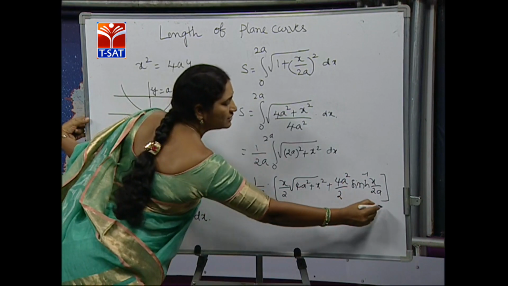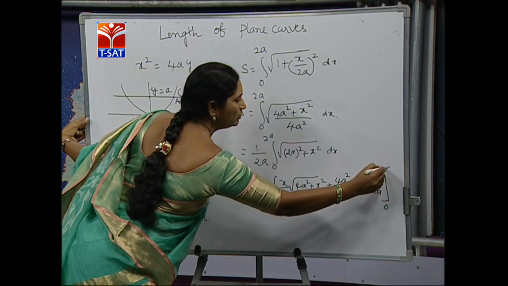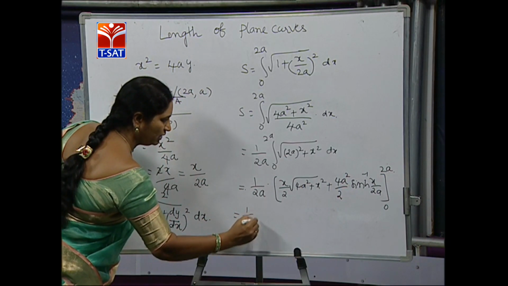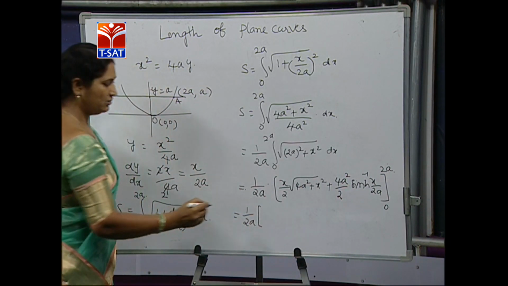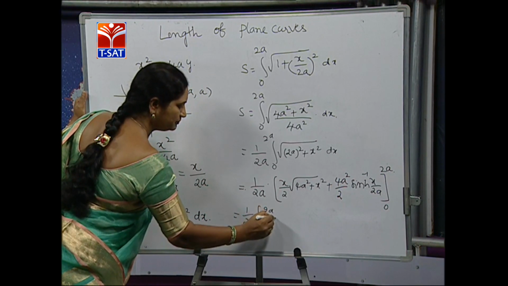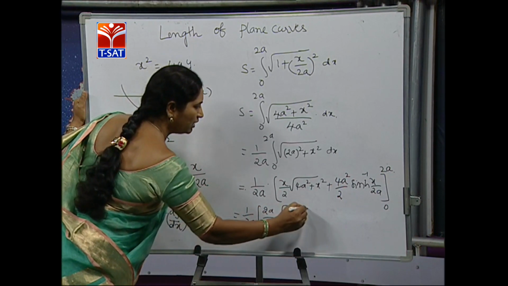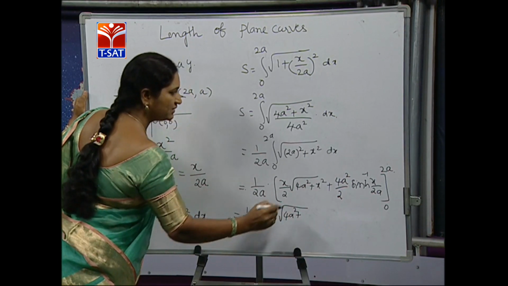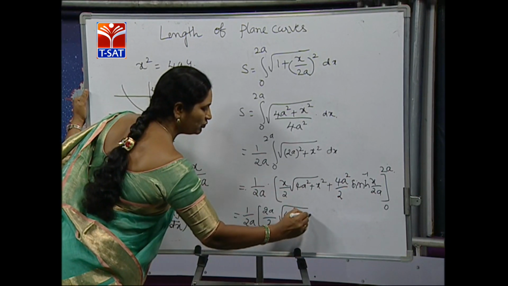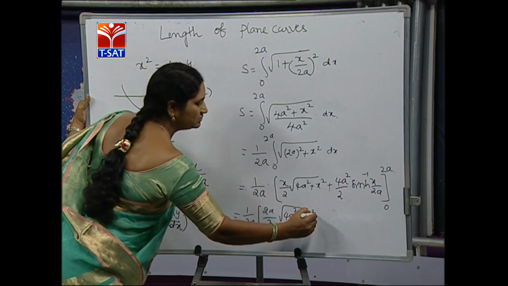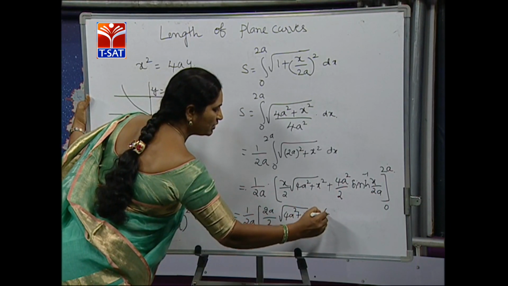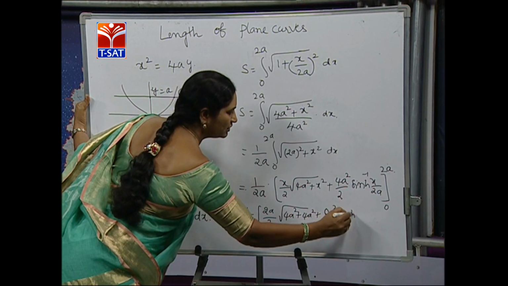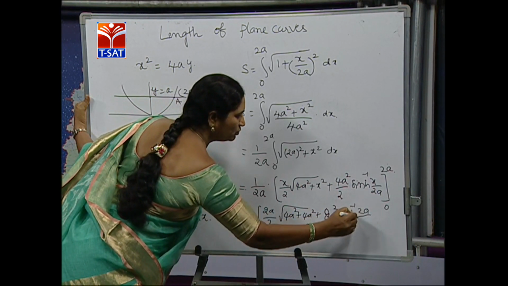Now, what are the limits? Limits are from 0 to 2a. So, this is equals to 1 by 2a. Apply the upper limit, 2a by 2 under root of 4a square plus x square, that is nothing but 4a square plus 4a square by 2 is 2a square sin h inverse 2a by 2a.